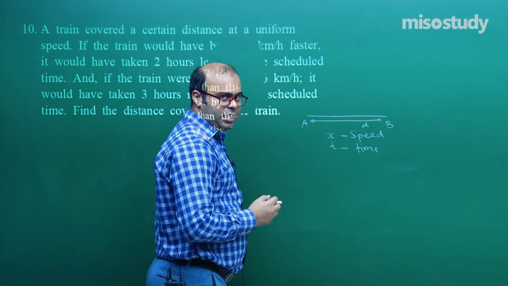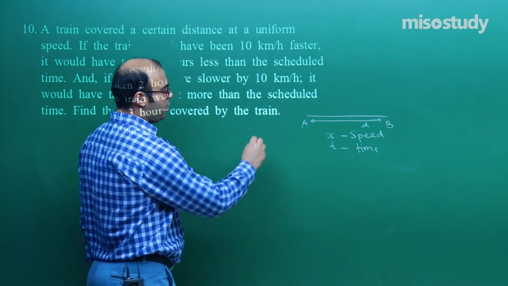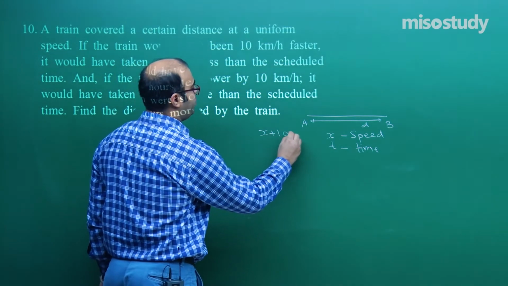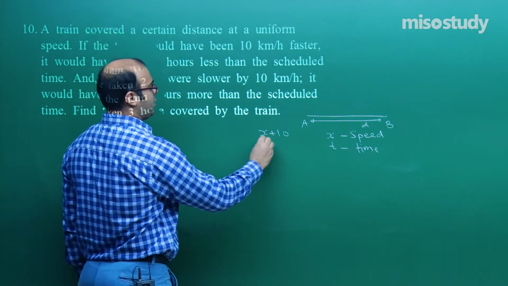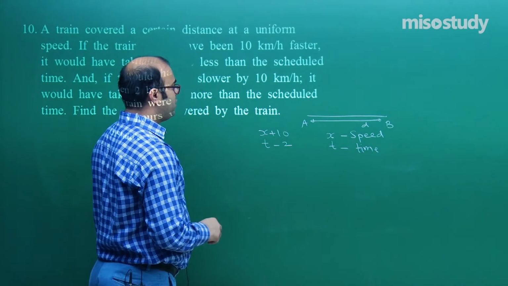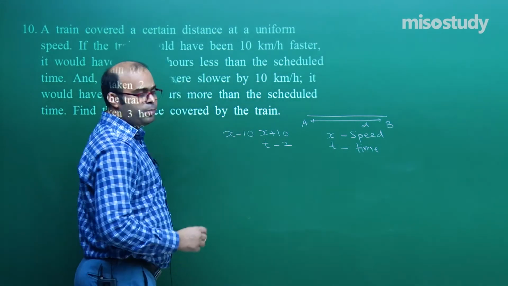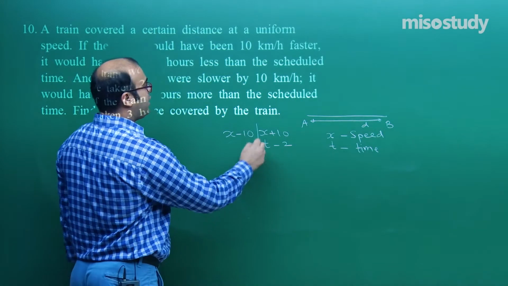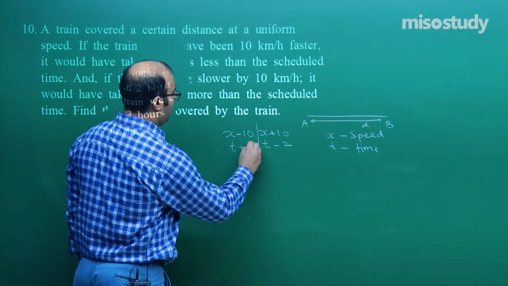But if we increase the speed of the train by 10 km per hour, so if its speed becomes x plus 10, then the time it will take will be 2 hours less. So t minus 2 time will be taken. In another situation, if it is slower by 10 km per hour, so its speed is x minus 10, then the time that it will take is 3 hours more. So t plus 3 hours.